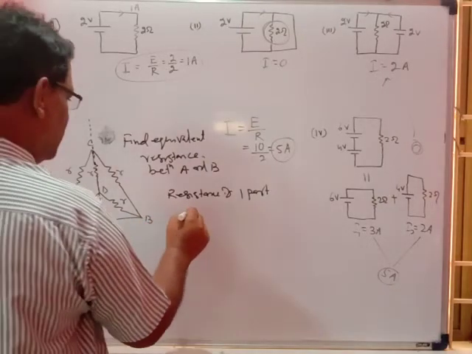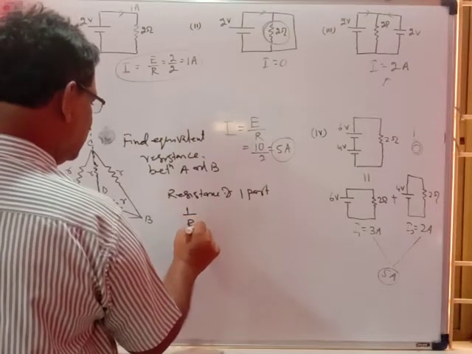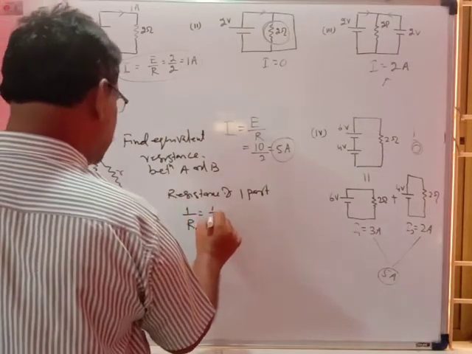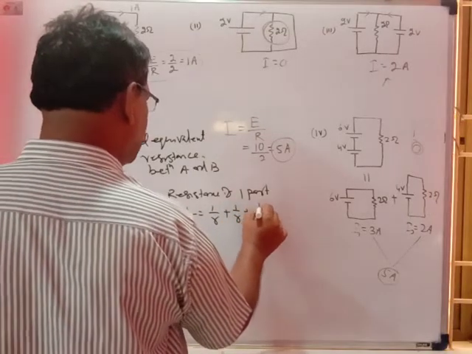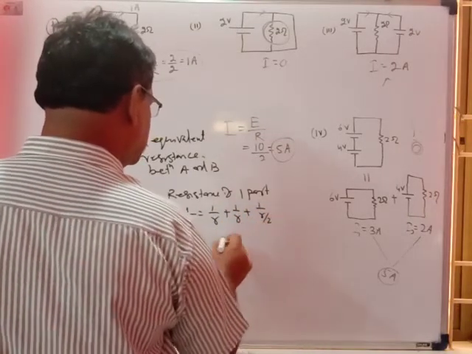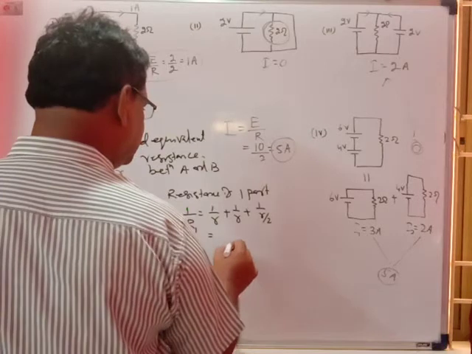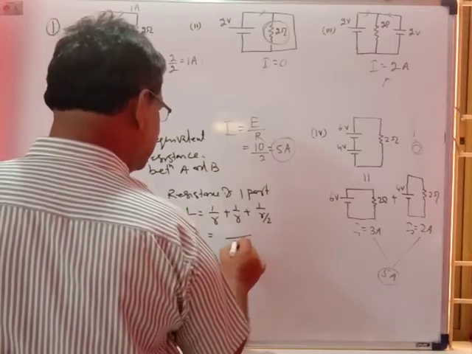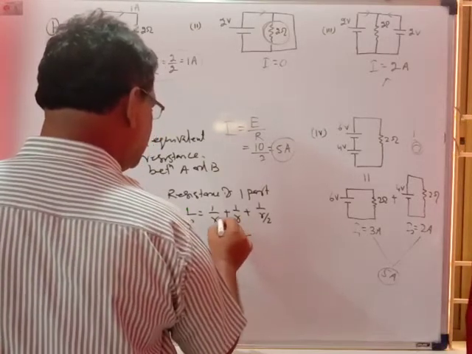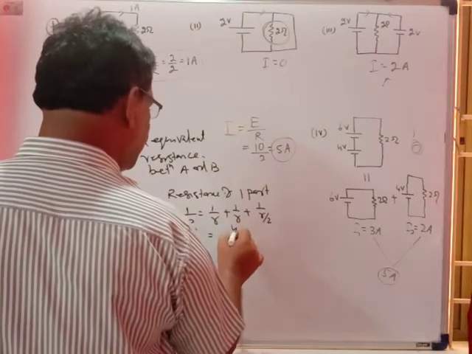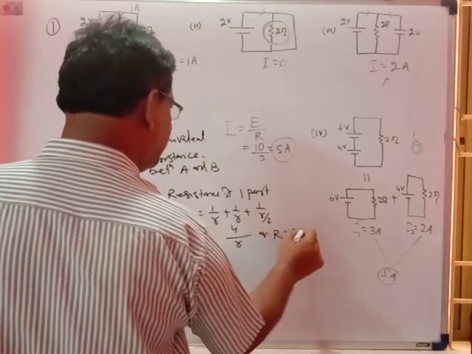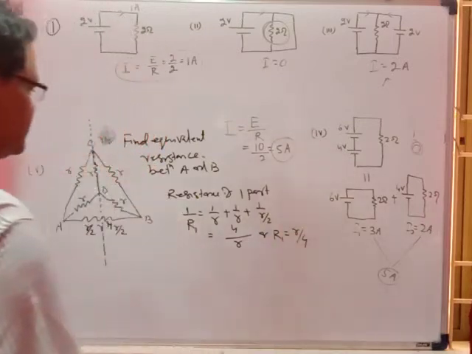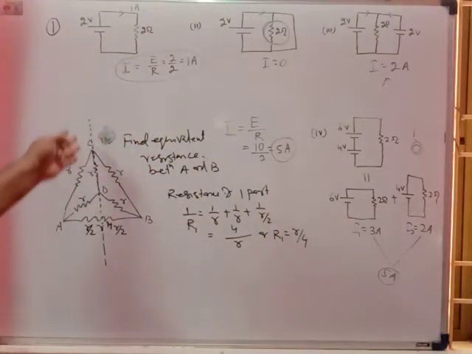So 1 by R1 equals 1 upon R plus 1 upon R plus 1 upon R by 2. So this will be equal to 1 plus 1 plus 2, that is 4 by R, or R1 equals R by 4. That is the resistance of one part of the symmetry.